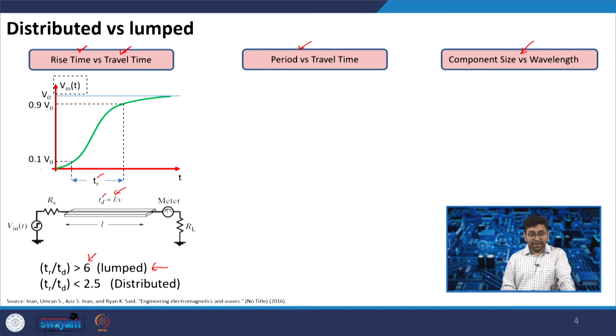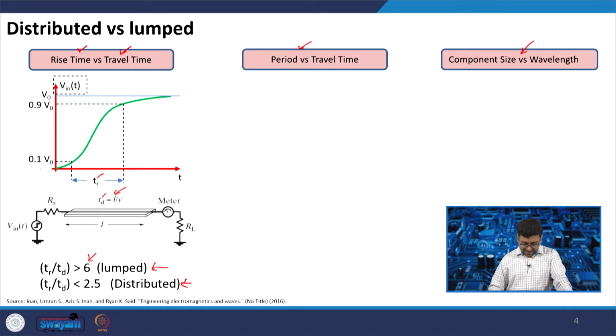But if the rise time is reduced, so that TR by TD is less than 2.5, then it is considered a distributed regime. So, based on the rise time and the travel time, you can identify whether you should consider the lumped circuit regime or the distributed circuit regime.